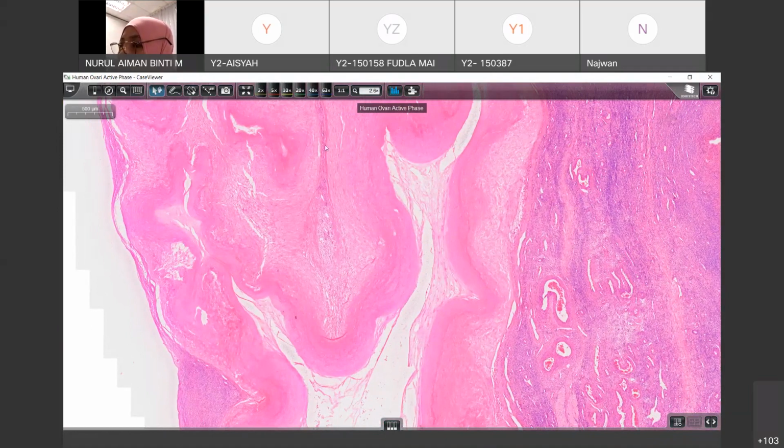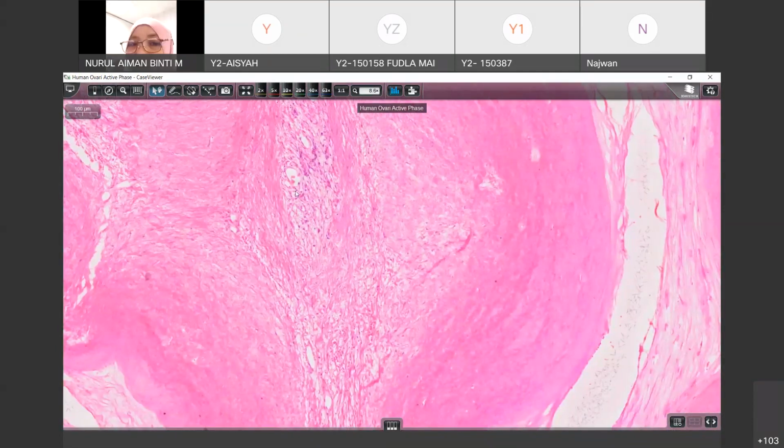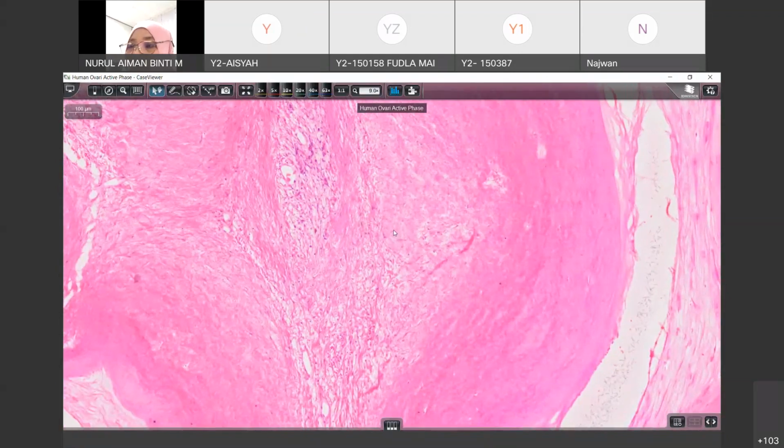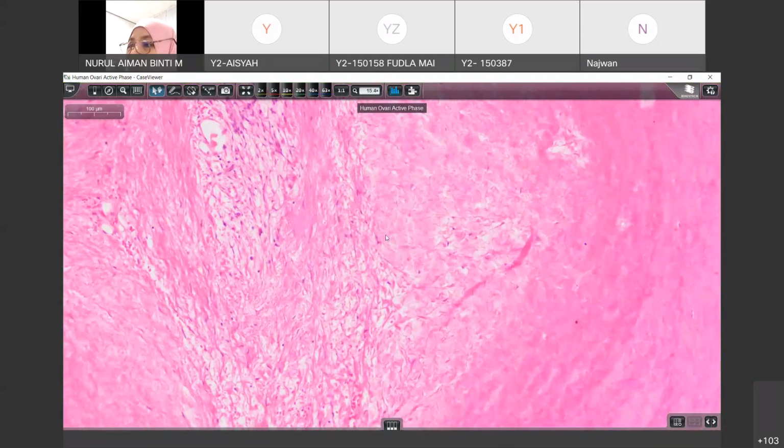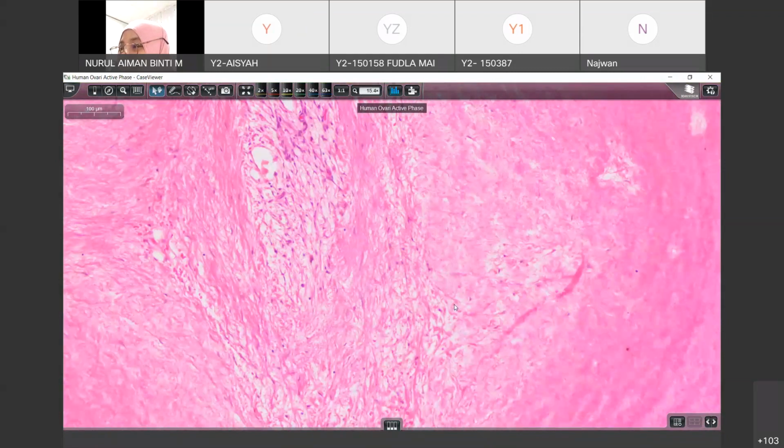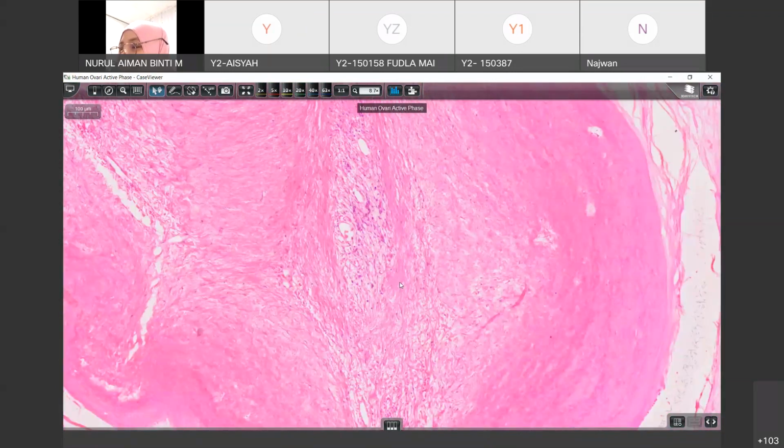What layer is in between the folds? I mentioned it to you in my lecture. Theca what? Theca lutein cells.